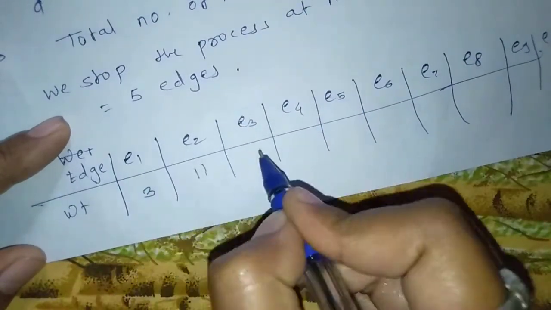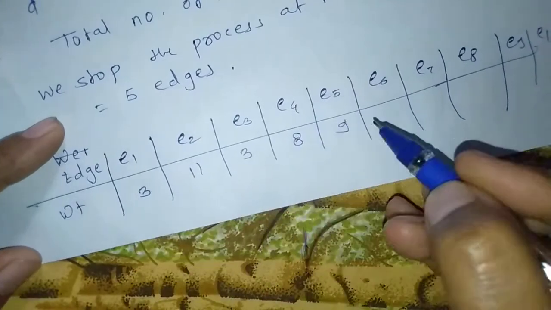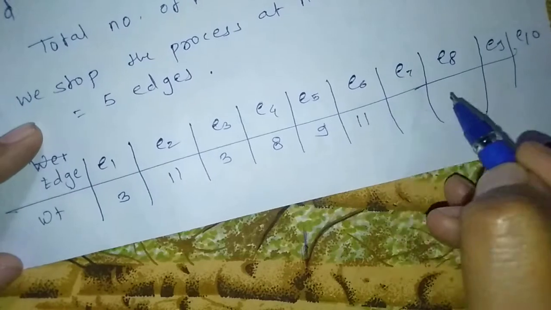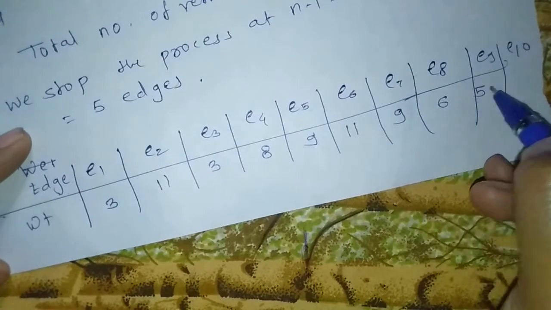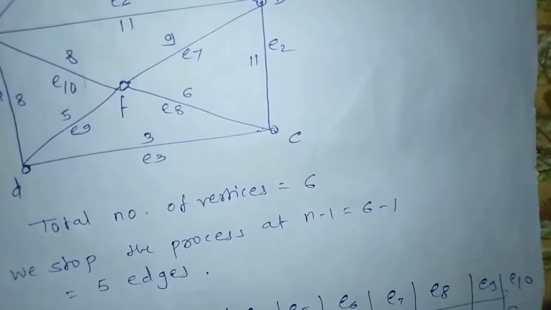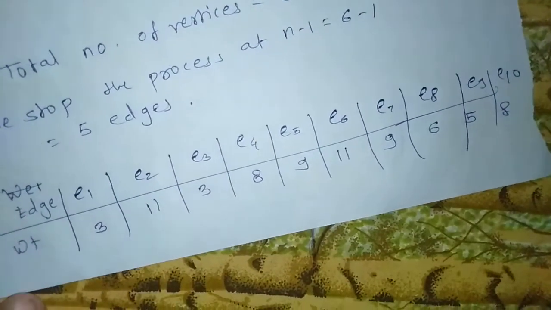3, 11, 3, 8, 9, 11, 9, 6, 5, 8. Now in non-decreasing weight means increasing weight.